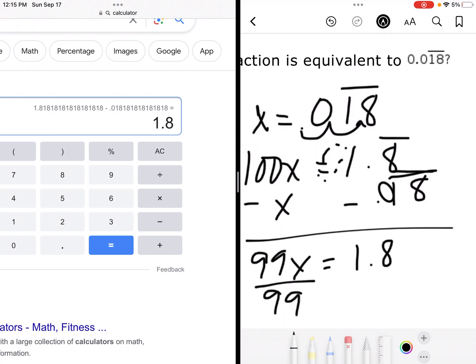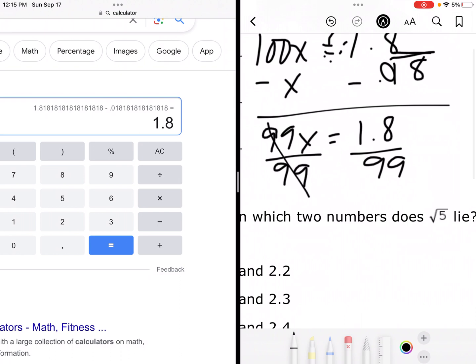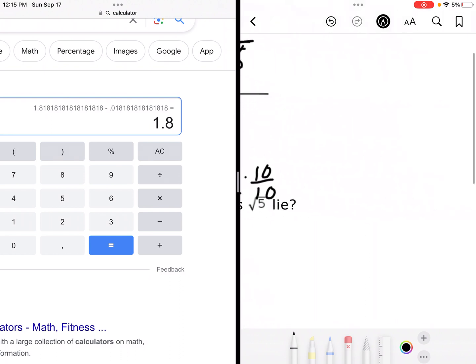Divide by 99. So I end up with x equals 1.8 over 99. I have to multiply by 10 on each side. So I end up with 18 over 990.